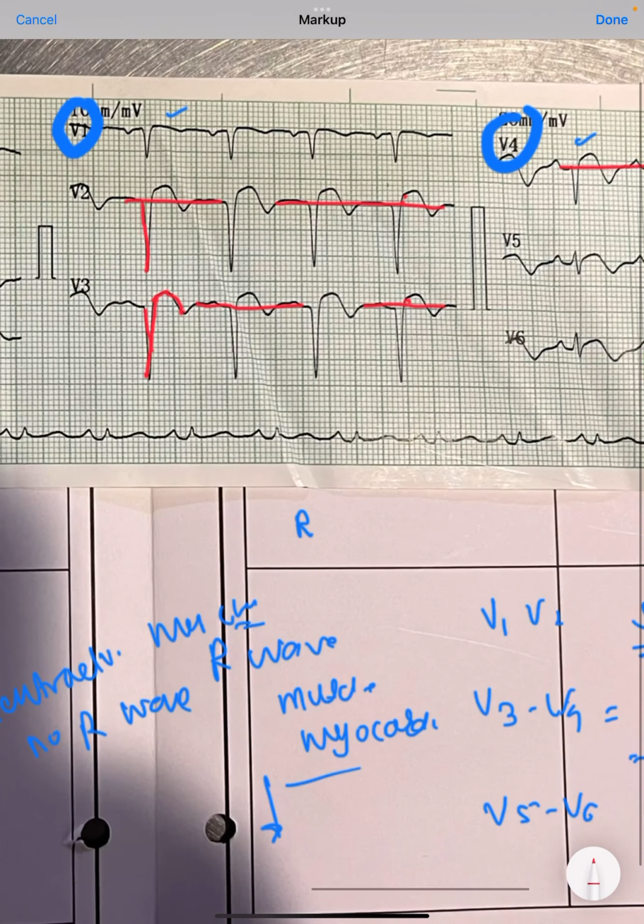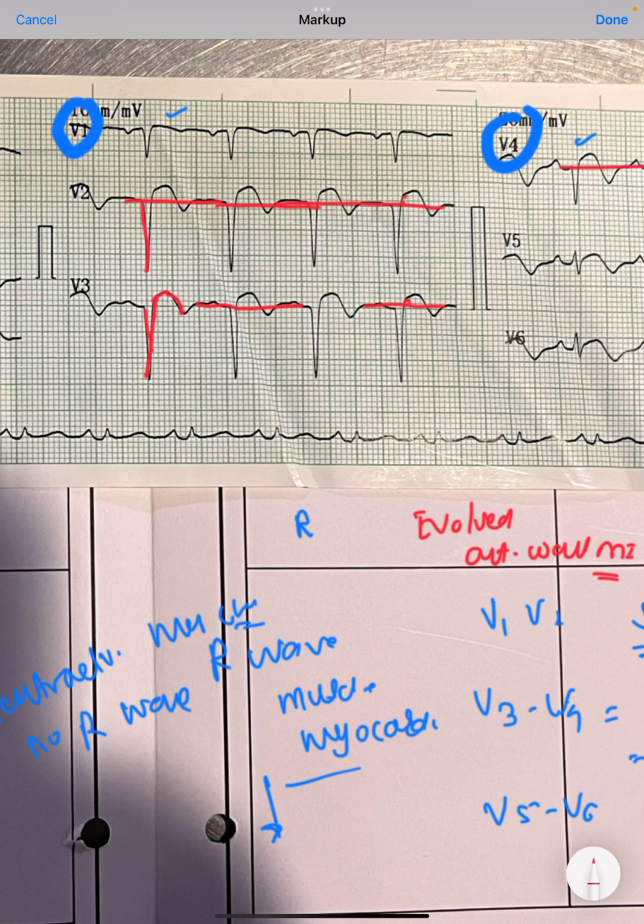Now, this very typically suggests that the presence of a Q wave or QS complex, absence of R wave, and presence of ST elevation in leads V1 to V4 suggests that the patient had an evolved anterior wall MI, because there should have been an R wave, the Q wave should not be there, and there should not have been any ST elevation.